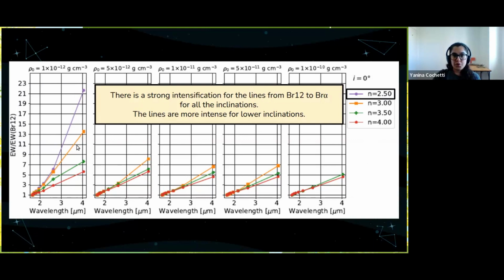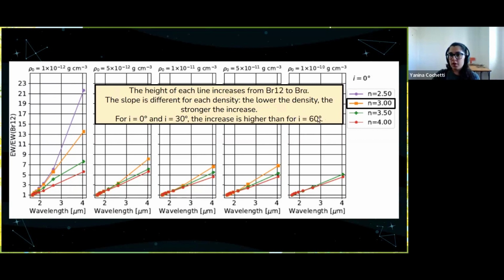There is a strong intensification for the lines going from Brackett 12 to Brackett alpha for all the inclinations, but they are more intense for lower inclinations. In the case of n 3.0, that is the orange lines, the height is also increasing from Brackett 12 to Brackett alpha, but the slope is different for each density.